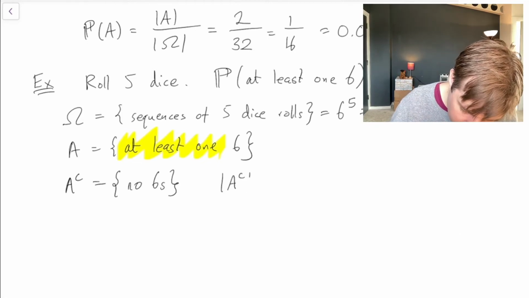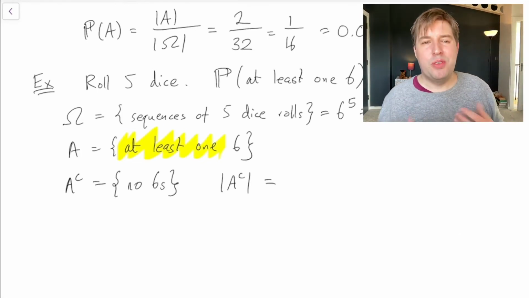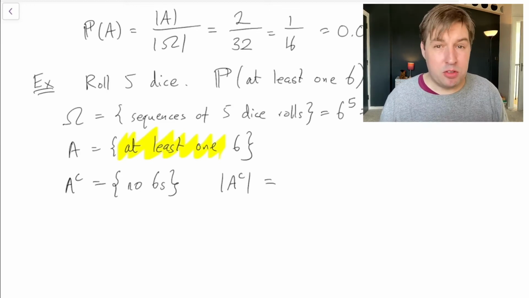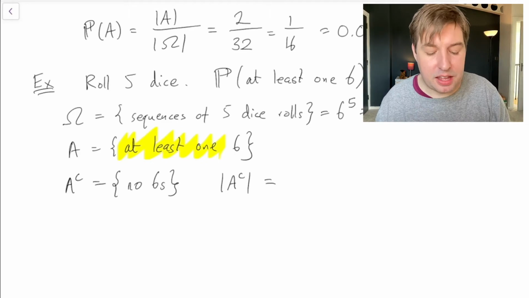So what's the number of elements in A complement? Well, for the first dice, it can be 1, 2, 3, 4, or 5, but it can't be 6. Right, so we've got 5 choices for the first dice. And similarly for the second dice, it can be 1, 2, 3, 4, or 5, but it can't be 6. 5 choices.